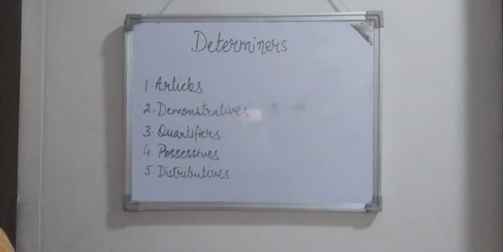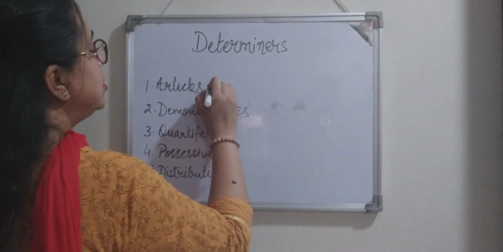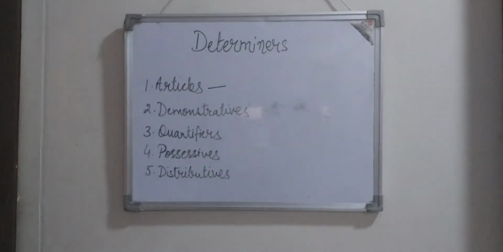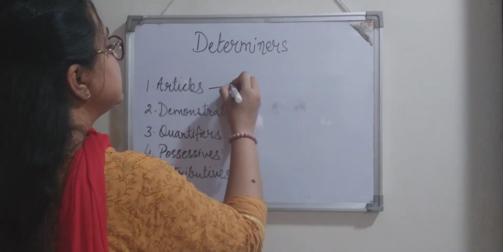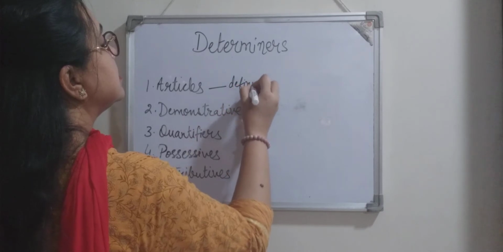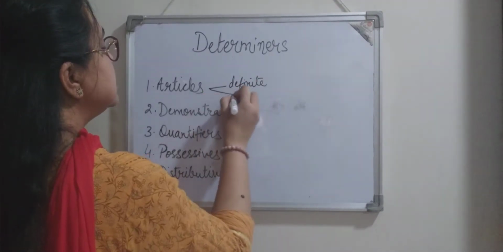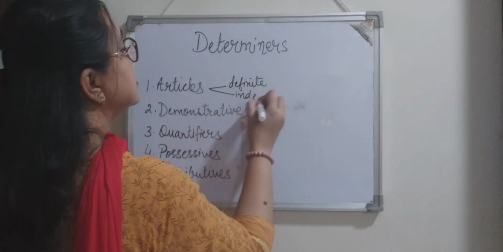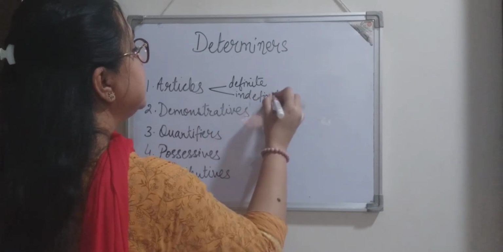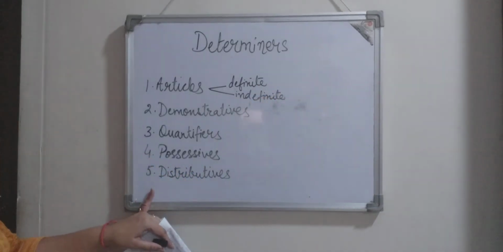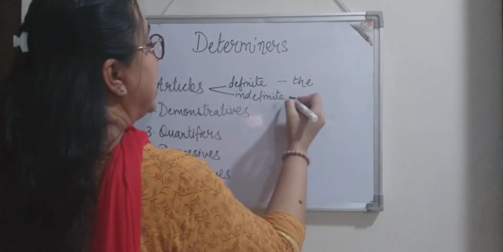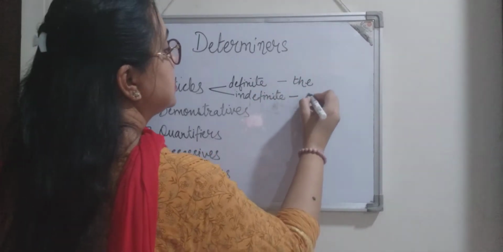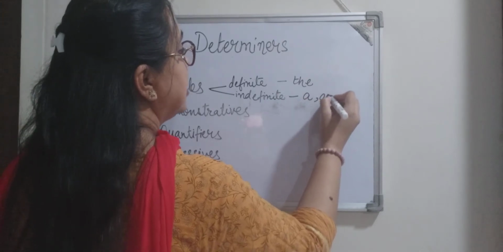So talking about articles, we all know that articles are of two kinds, definite article and indefinite article. So the definite article is the, and the indefinite articles are a and an.